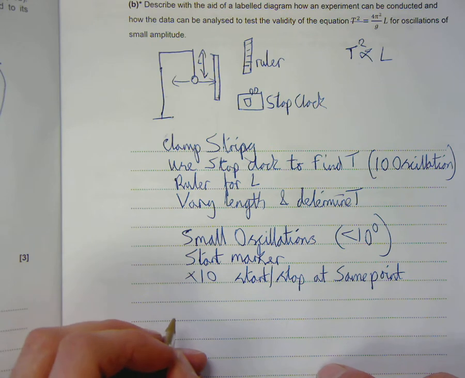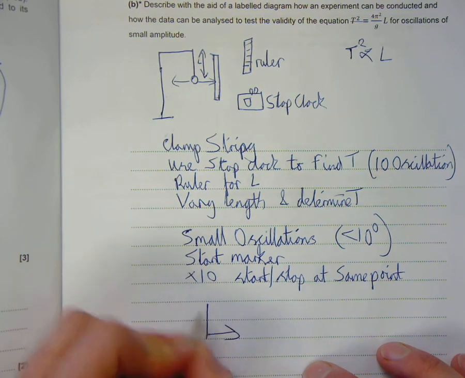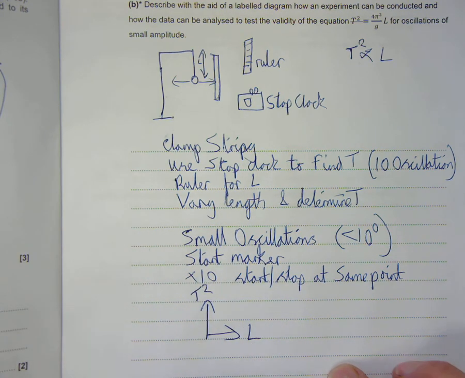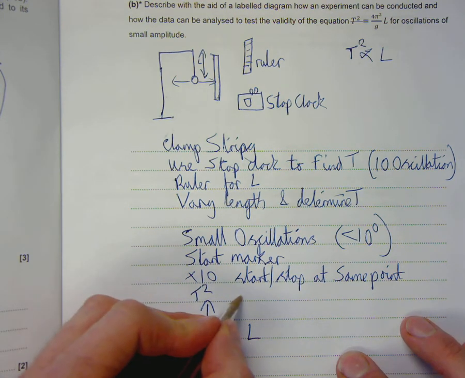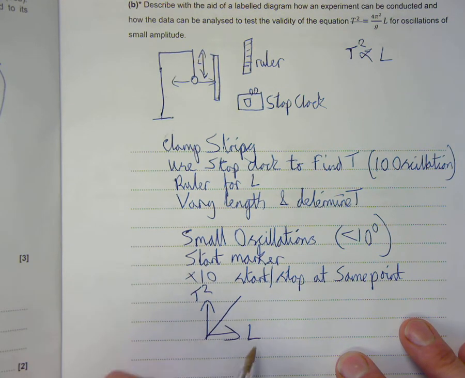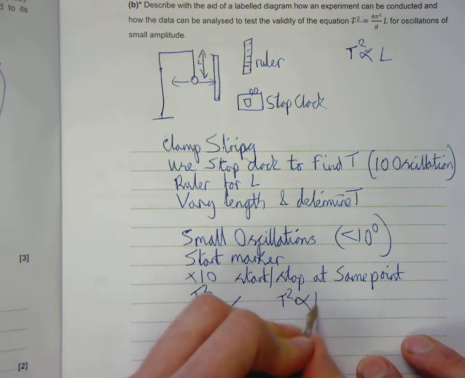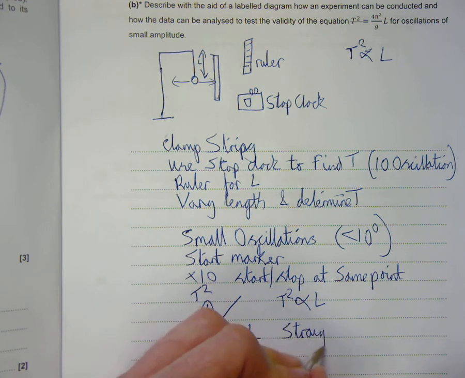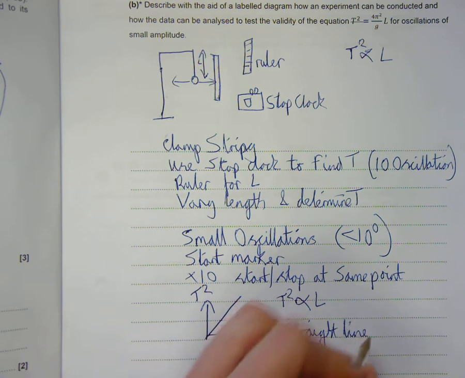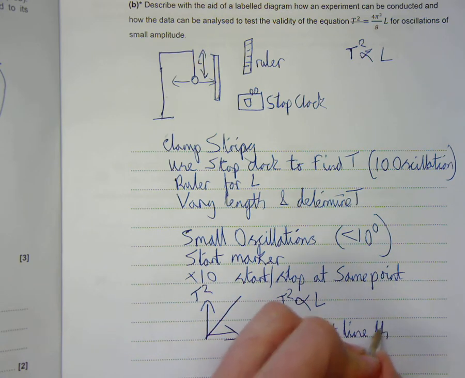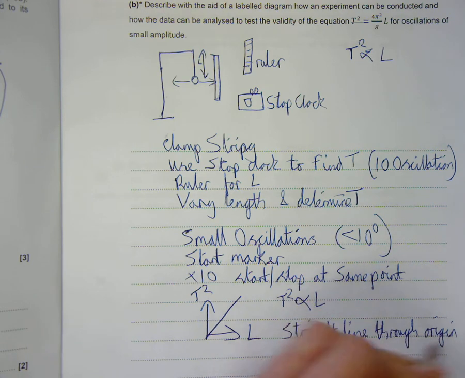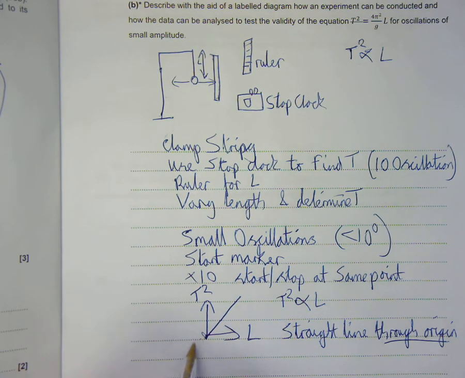So your analysis, well, how are you going to prove it? There's 2 or 3 ways. You could plot a graph of t squared against L. If t squared is proportional to L, what are we going to get? It's going to be a straight line. It must be, this is important, through the origin. Don't just put a straight line, it must be through the origin if it's directly proportional.